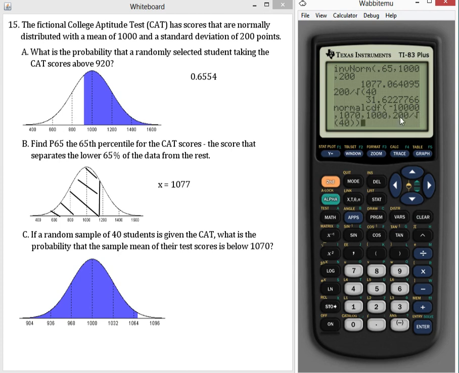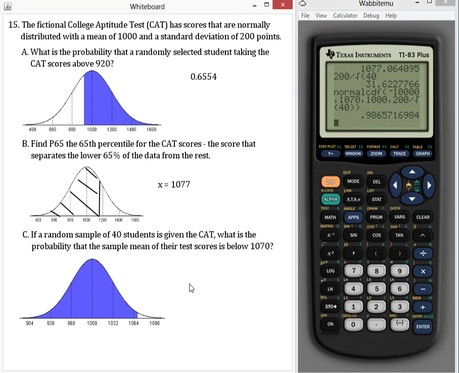The calculator will come up with a result; save it with as many decimals as possible, and don't round anything until the very final answer. That way I'll get the most accurate result I can. So this probability here is 0.9866 when I round to 4 decimals.